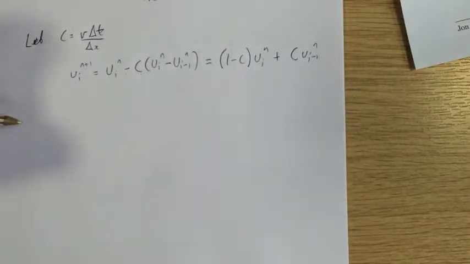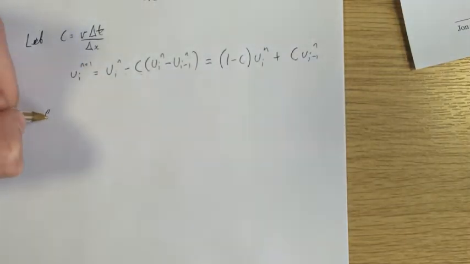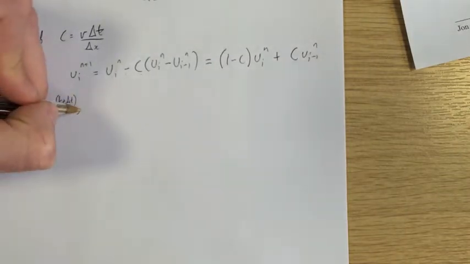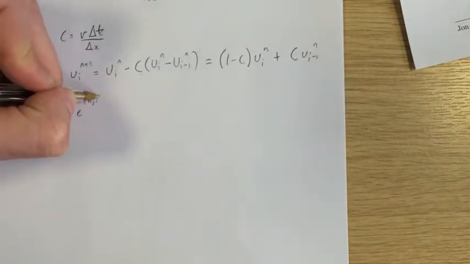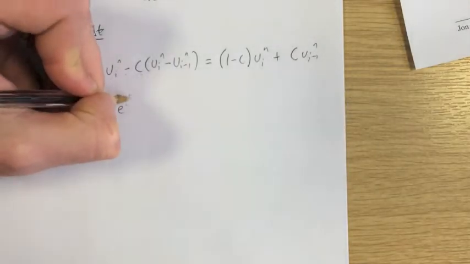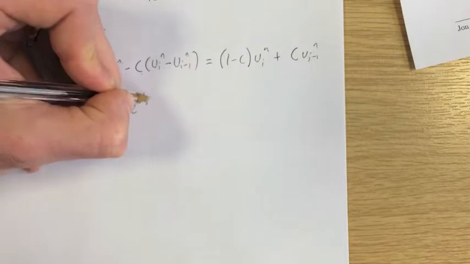So what I'm going to do is replace each of these u's with the Fourier modes. So we have e to the a(t plus delta t), because n plus 1 means t plus delta t, times e to the i k j x. A lot of this is going to simplify at the next stage.